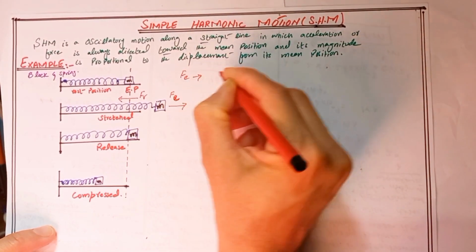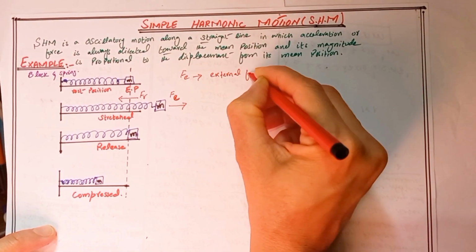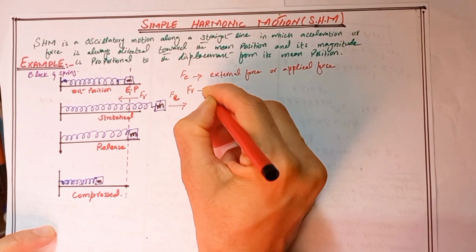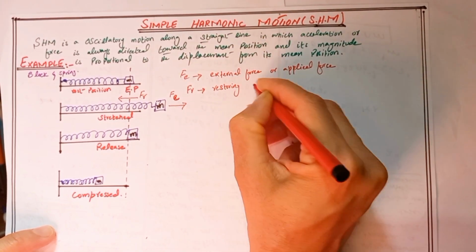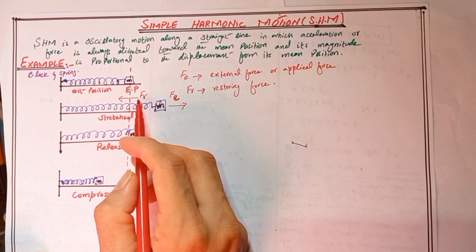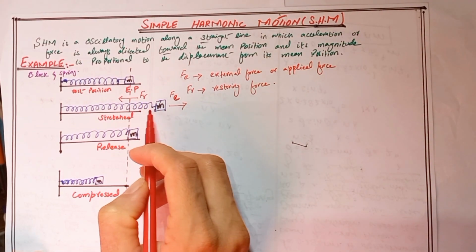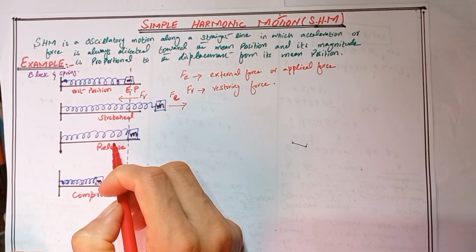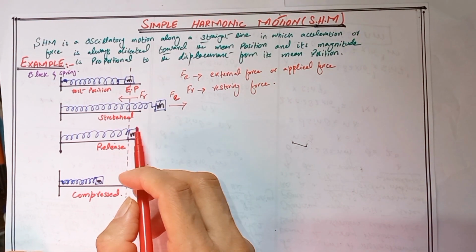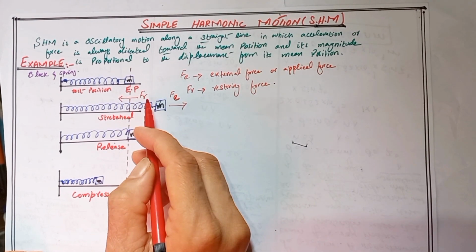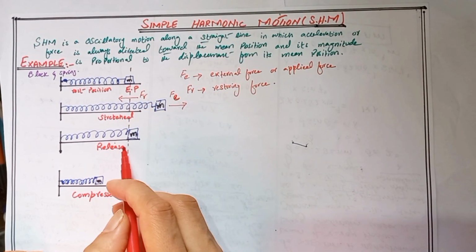Here Fe is the external force or applied force and Fr is the restoring force. This restoring force acts on the block to move it toward the left. On account of its elastic property, the spring tends to regain its original shape and size when the exerting force is removed. This restoring force is responsible for bringing the block back to its original position.